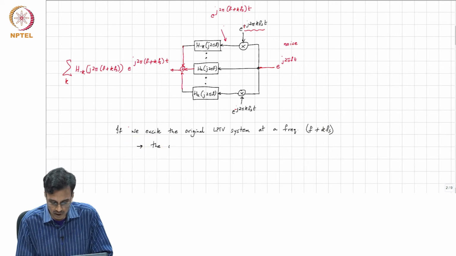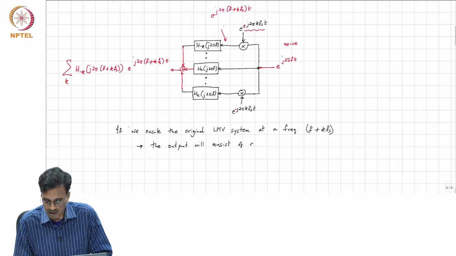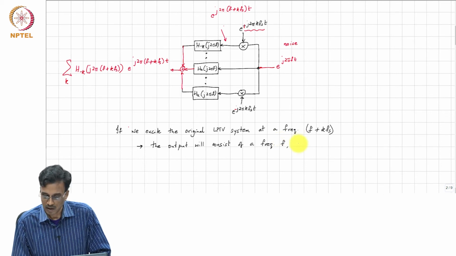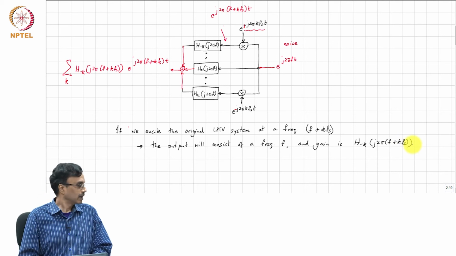The output will consist of a frequency f, right, and the gain of this path is h sub minus k of j 2 pi f plus k fs, right.